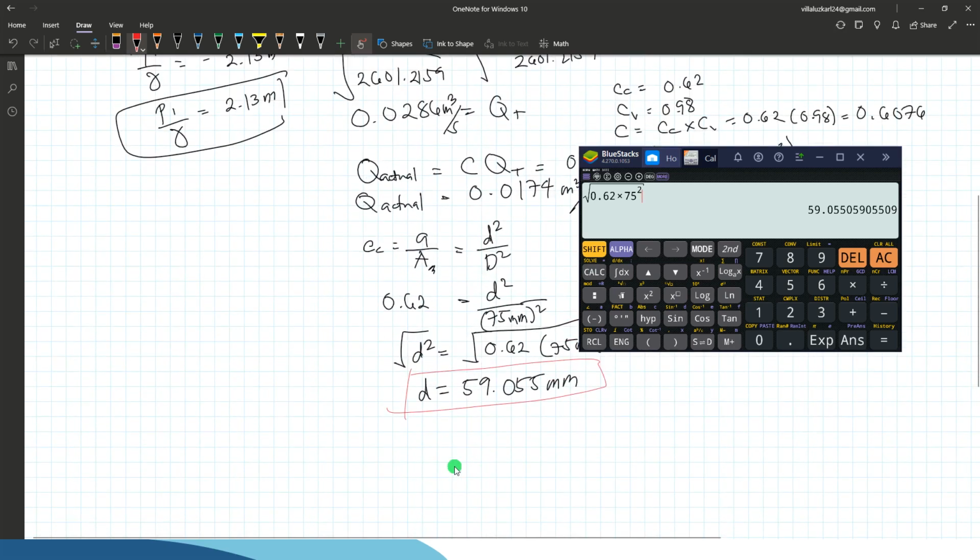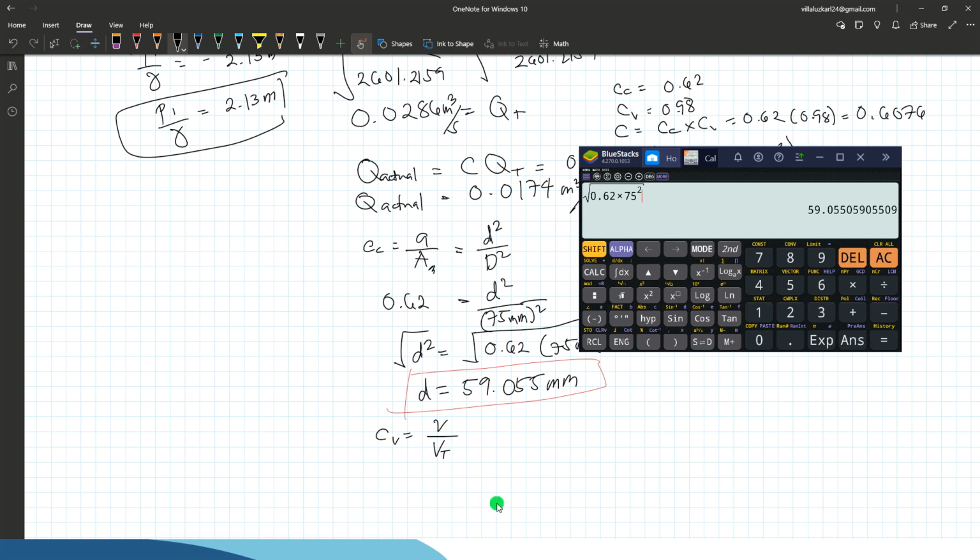For the actual velocity, we will use the coefficient of velocity, which is the actual velocity divided by the theoretical velocity.